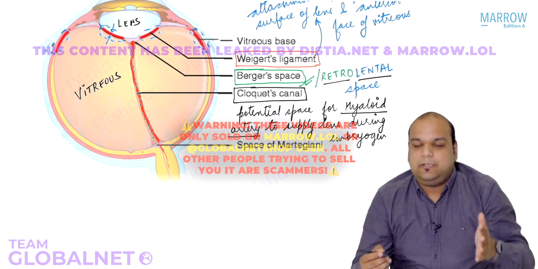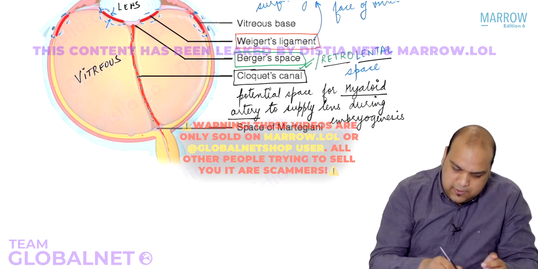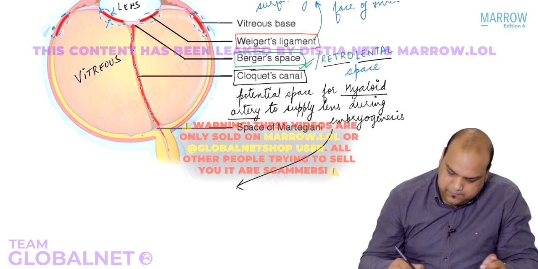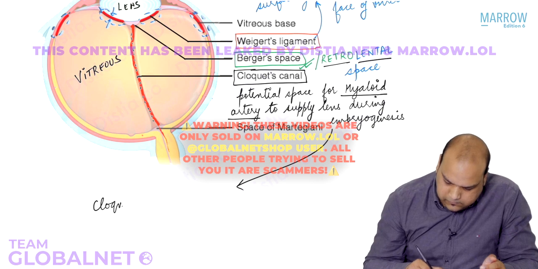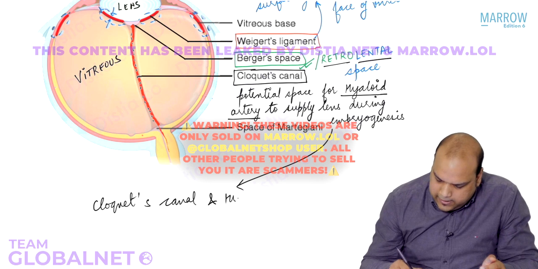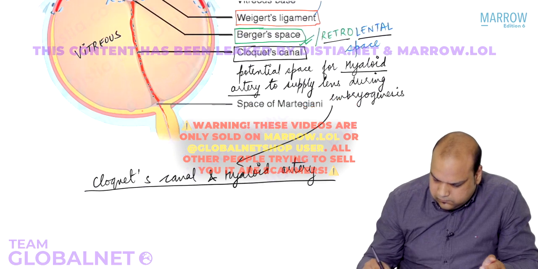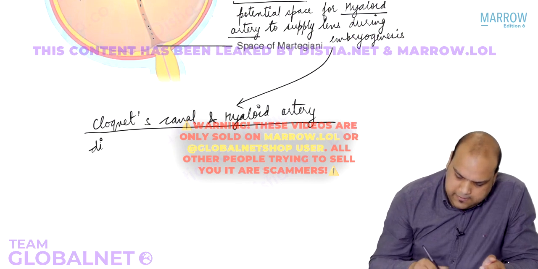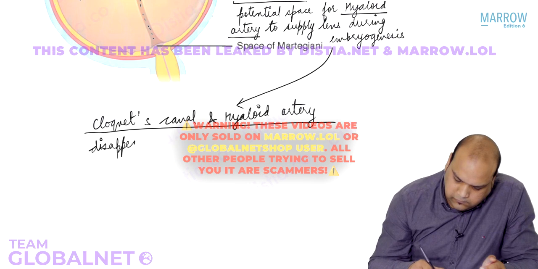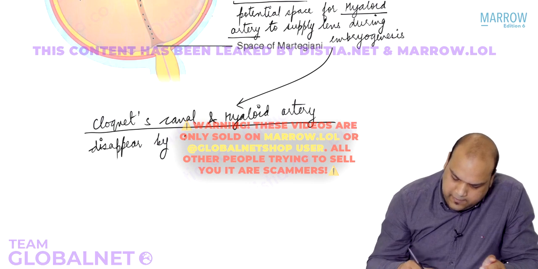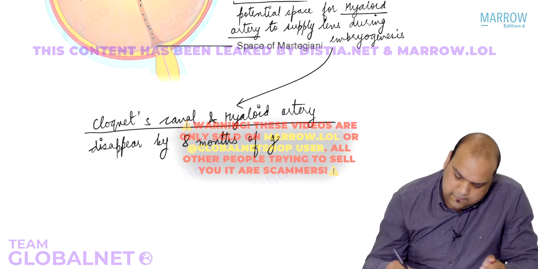But what if it does not? Let's see. So Cloquet canal and hyaloid artery disappear by 8 months of gestation.